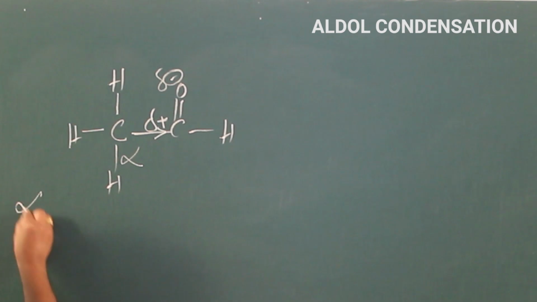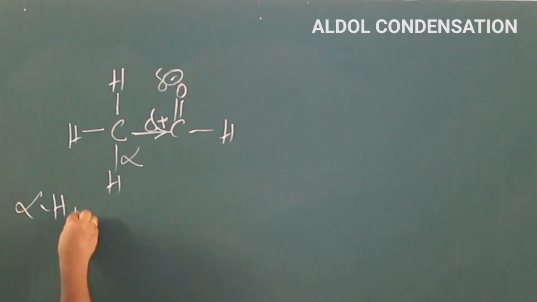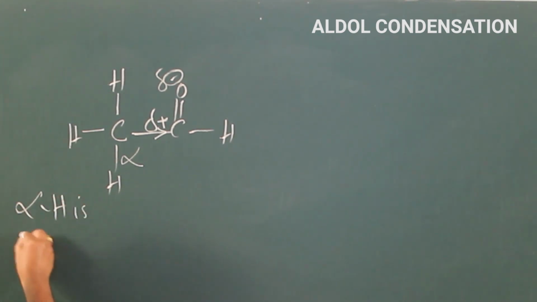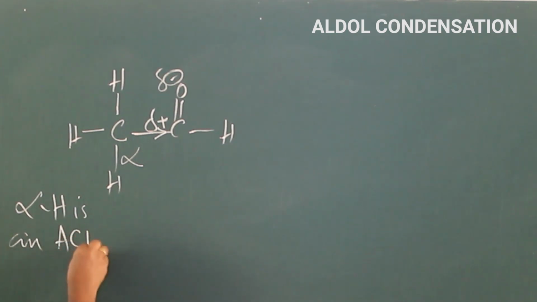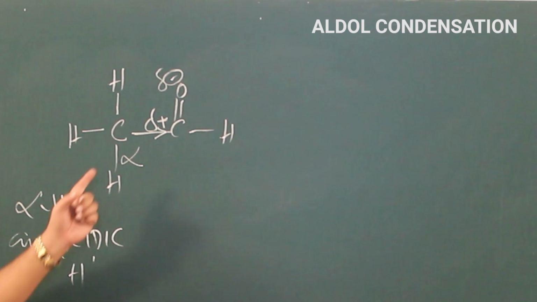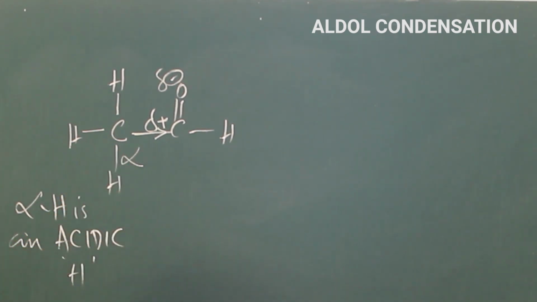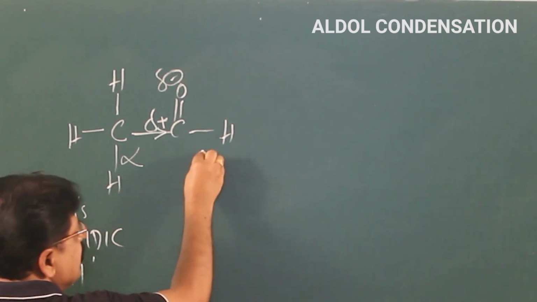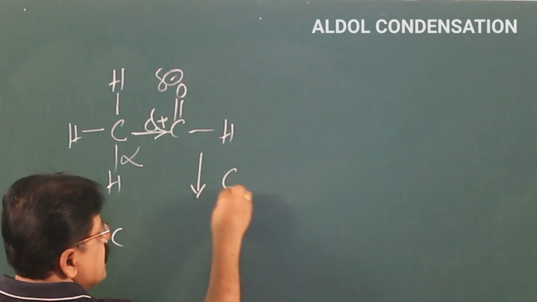So, alpha H is referred to as an acidic H, because it can go off as H plus. So, here is the significance of the base.